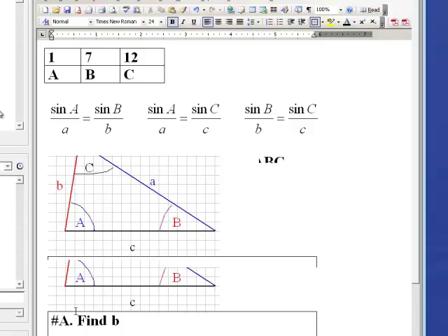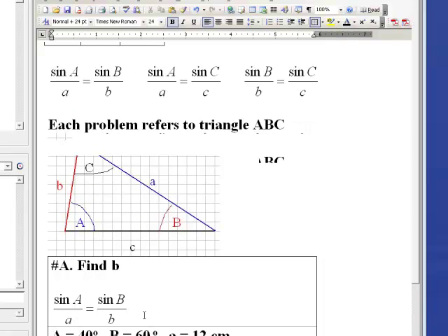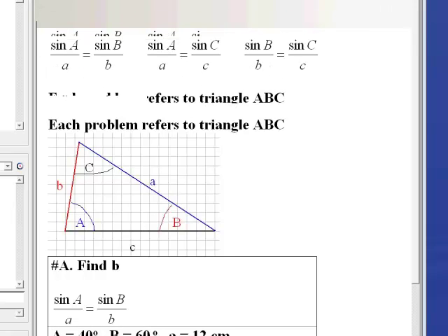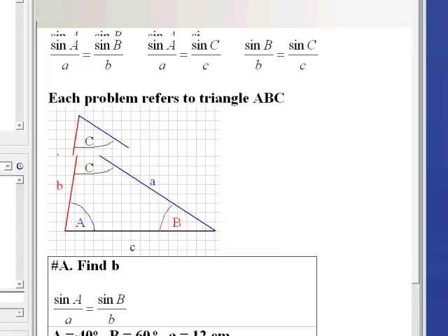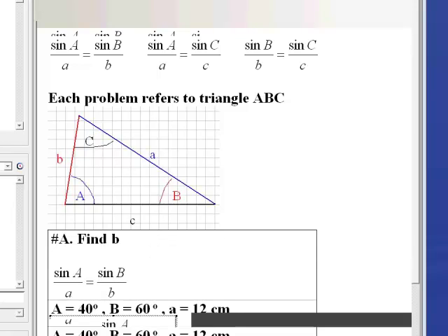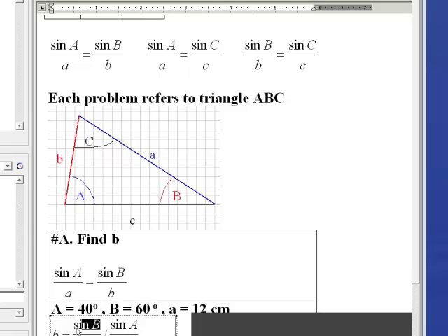Sine 40 degrees divided by 12, and we divide that into sine B. That means we're going to do just some really easy algebra in order to find b right here. So get this one to the other side and divide by it, and then get the b to the other side. That's what we're looking for. That's all that the algebra entails.